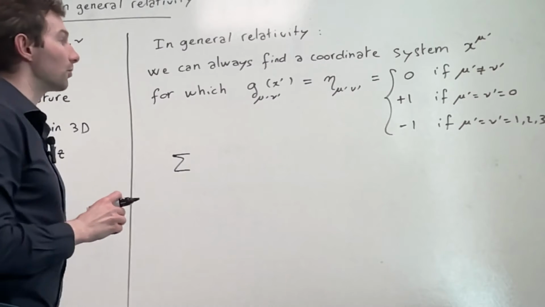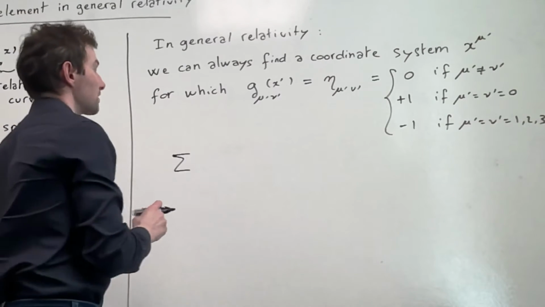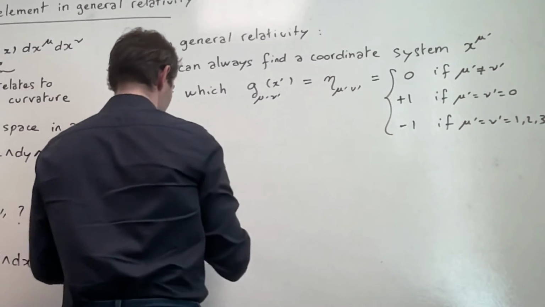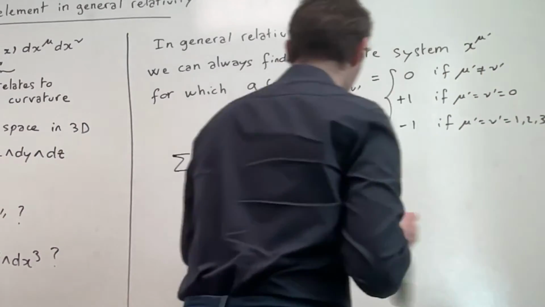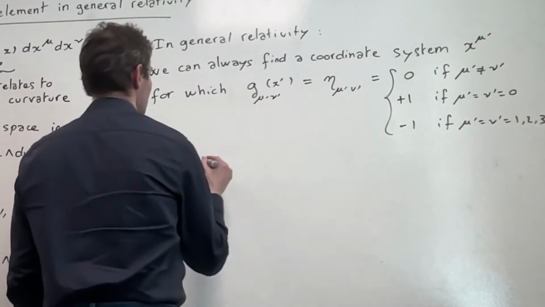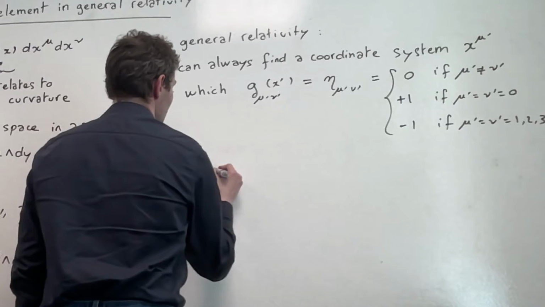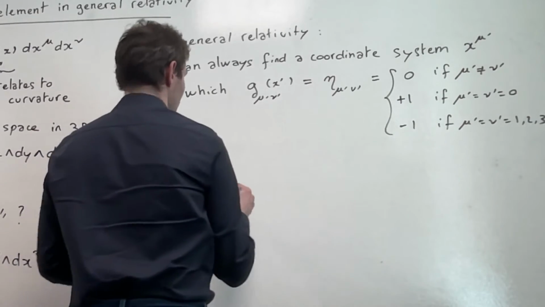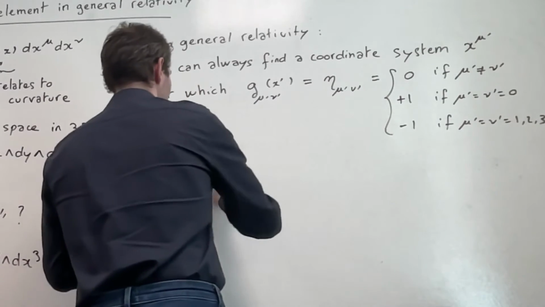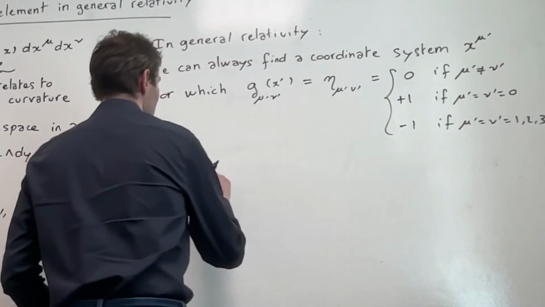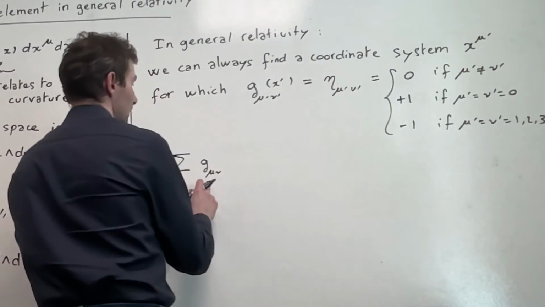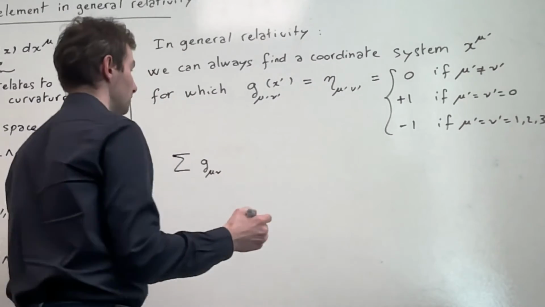So the way that works is that you're going to find some transformation. We've got g mu nu, so that's where I start from. Then I want to transform that with some transformation.